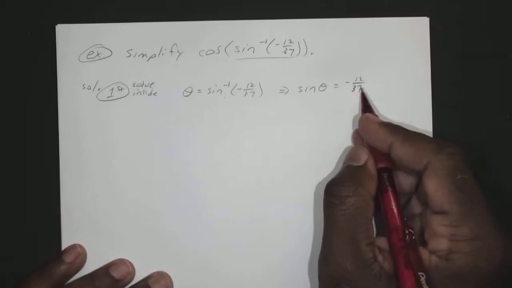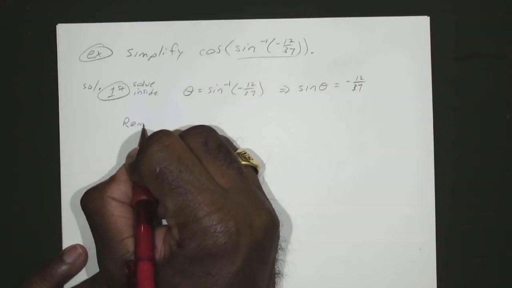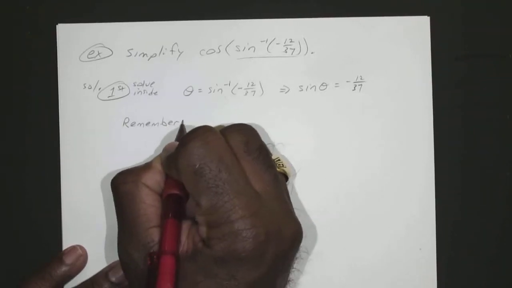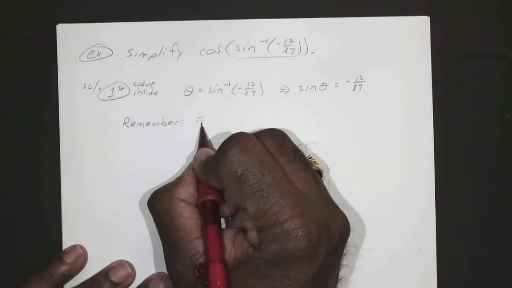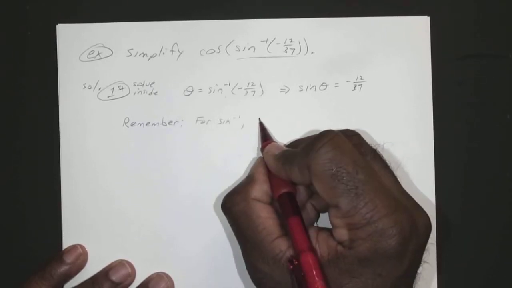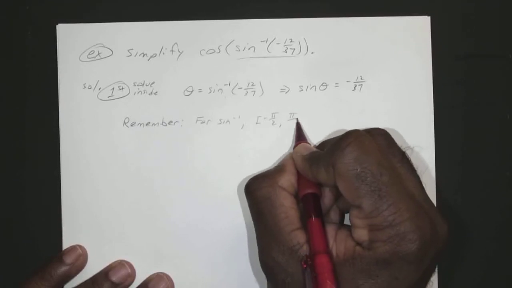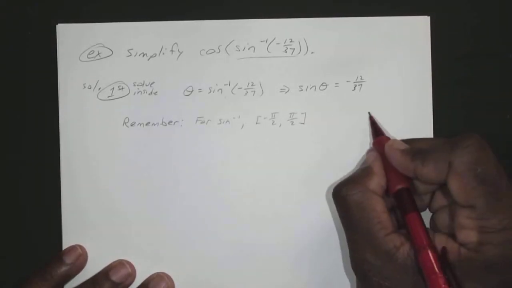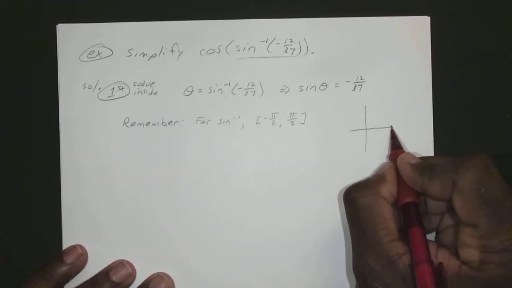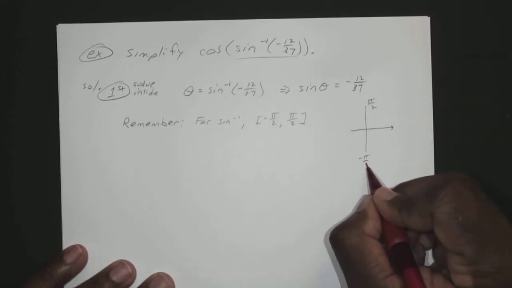Now we know for inverses, for sine inverse, it has to be between negative pi over 2 and pi over 2. So if you look at the graph here, this is your pi over 2, and this is negative pi over 2.